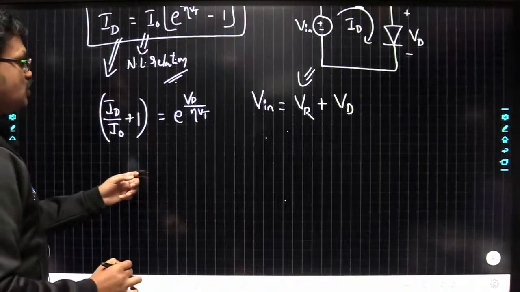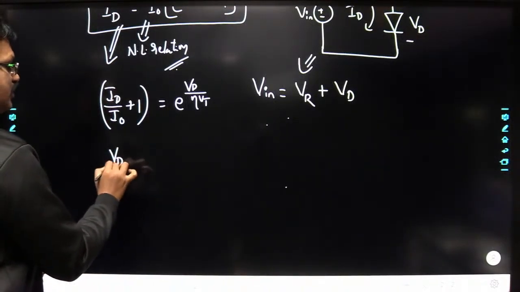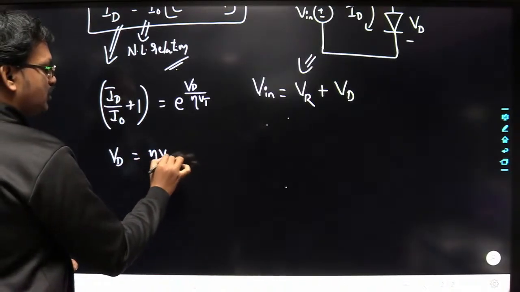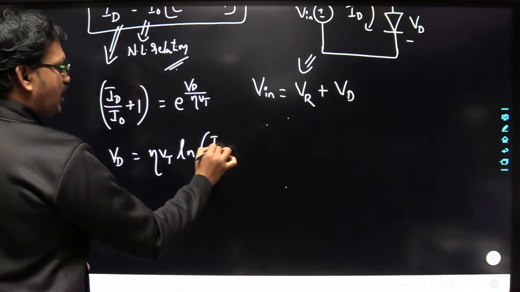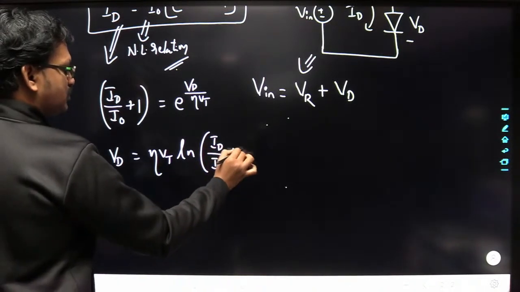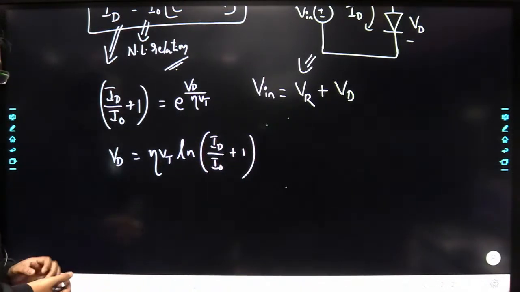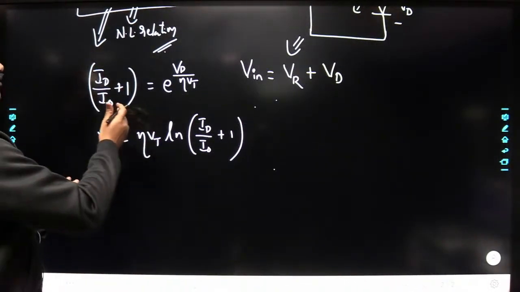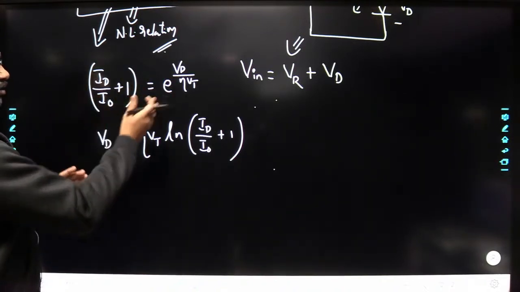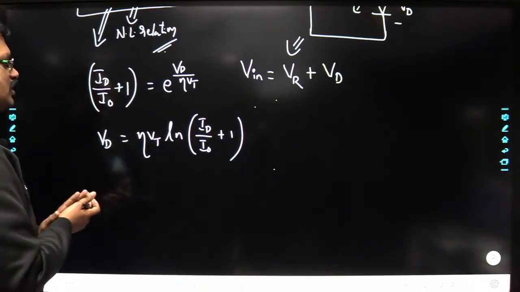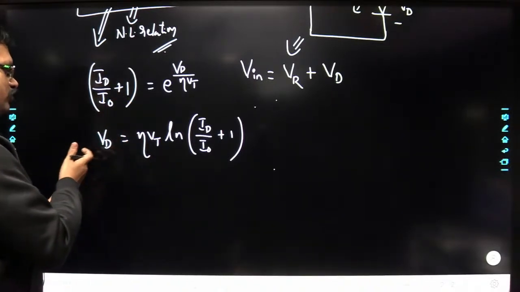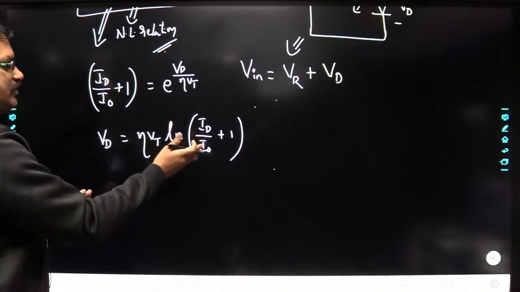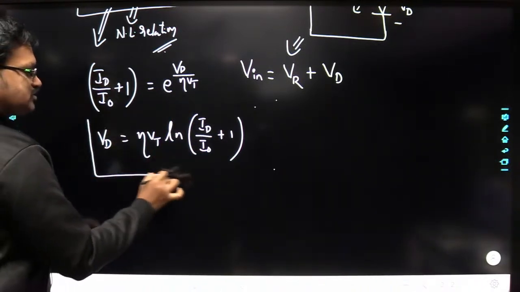So from here, VD is equal to eta VT into ln of ID by I naught plus 1. It is simple mathematical analysis. What I have done is applied ln on both sides and done the simplification. So VD is equal to eta VT into ln of ID by I naught plus 1. This is the expression for VD.